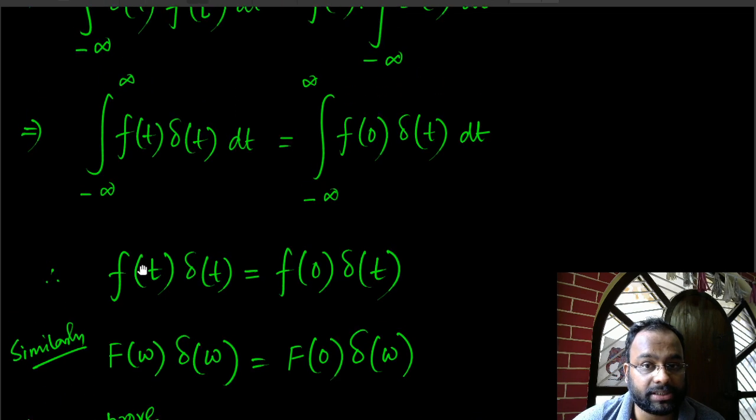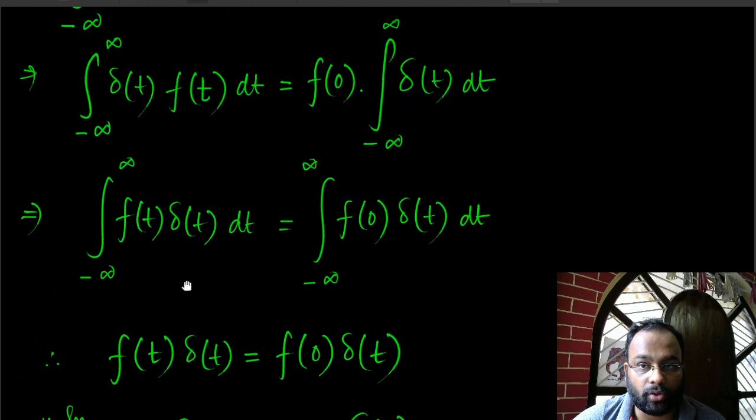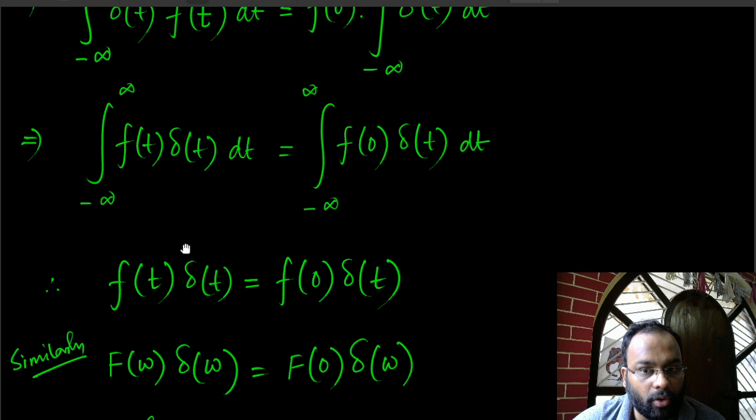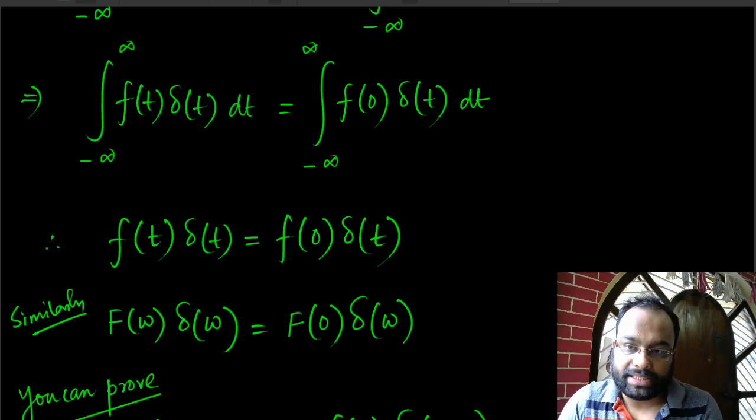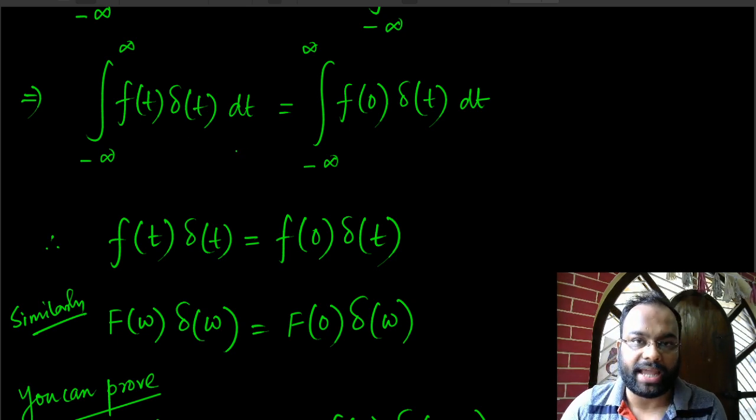No, it does not say f(t) equal to f0, because this integration is there. Try to understand that this is valid for any function f(t) as long as it is continuous at t equal to 0. So this is treated as an identity, not an equation.